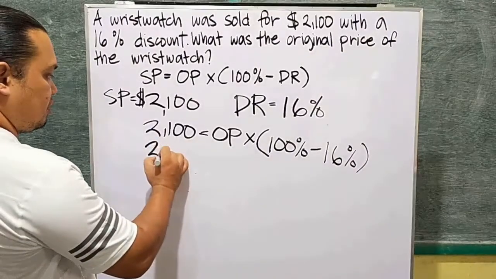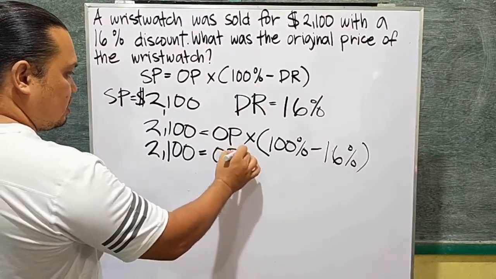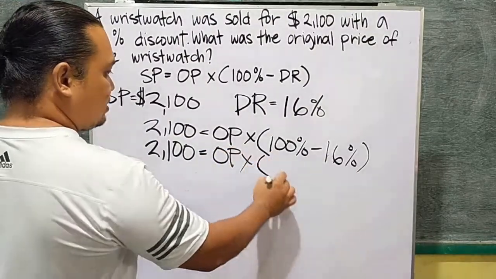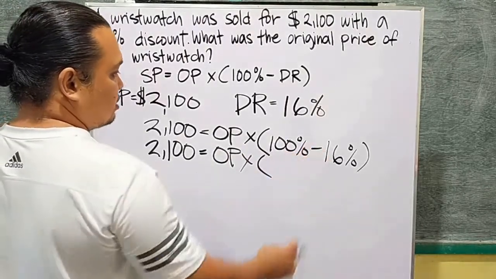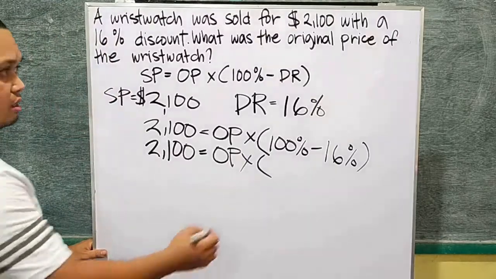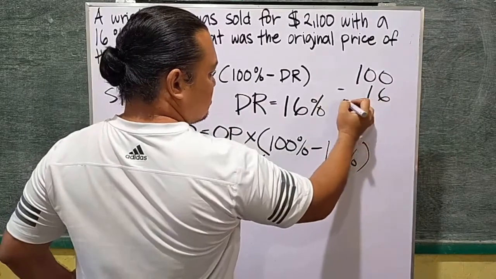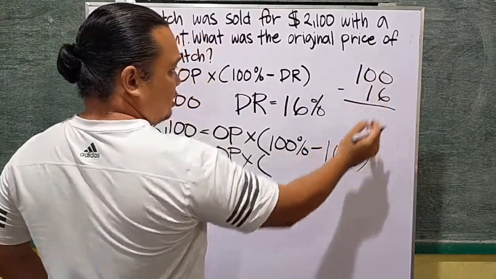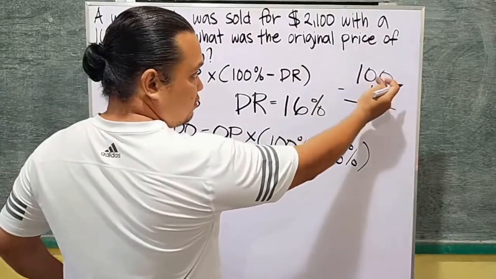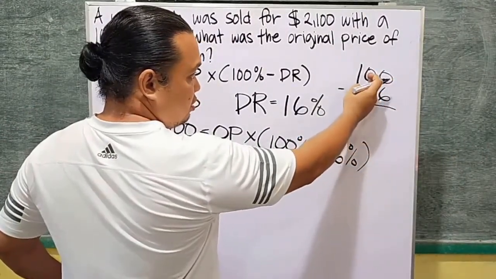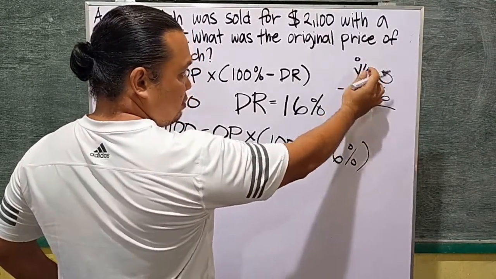So copy first, 2,100 is equals to OP times, now let's subtract 100 minus 16%. Let's subtract here 100 minus 16. Now 0 minus 6 cannot be, because 6 is greater than 0. So 0 must borrow 1 from 0, but 0 has no value here, so 0 must borrow 1 from 1. 1 will become 0, 0 will become 10.